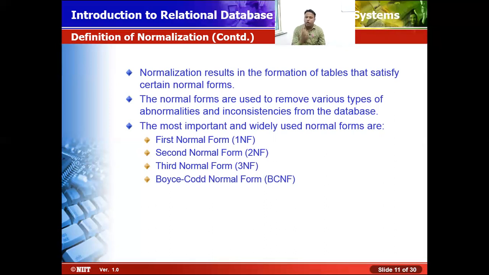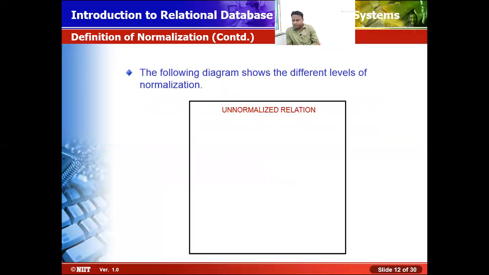So there are four types of normal forms: first normal form, second normal form, third normal form, and Boyce-Codd normal form. Four types of normal forms. Yes, sir.